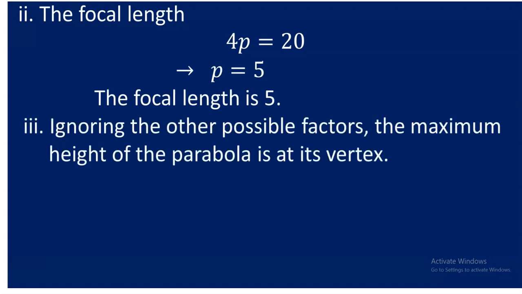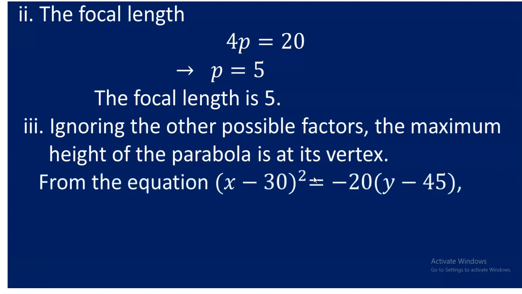And in the third question, you are asked to determine whether a vehicle of a certain height can pass through the tunnel that is made according to the parabola form. So let's check that one. Ignoring the other possible factors, the maximum height of the parabola is at its vertex.